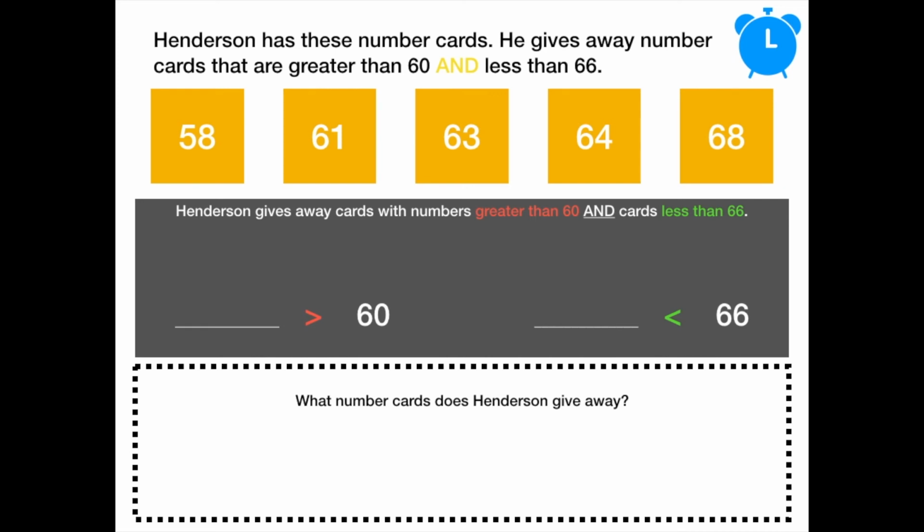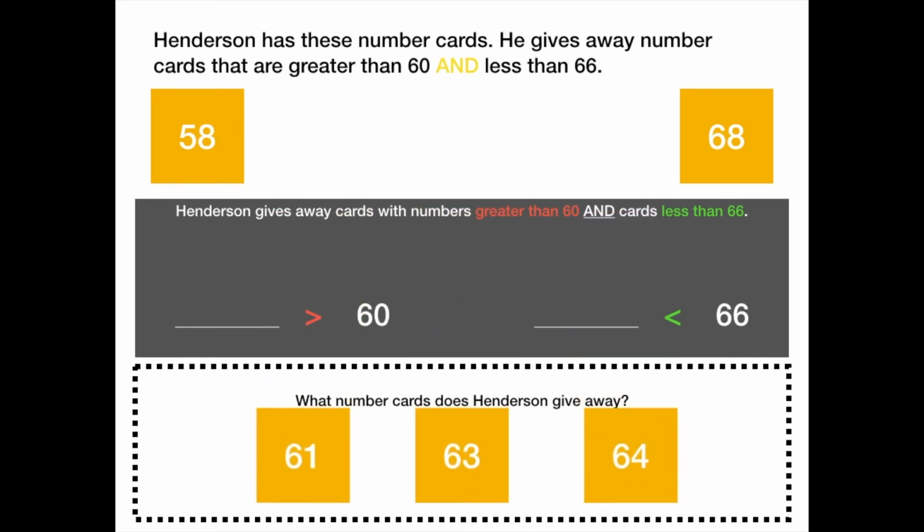Use paper and a pencil to try this by yourself. Pause the video before the clock disappears, then press play to check your answers. These are the cards that are greater than 60 and less than 66.